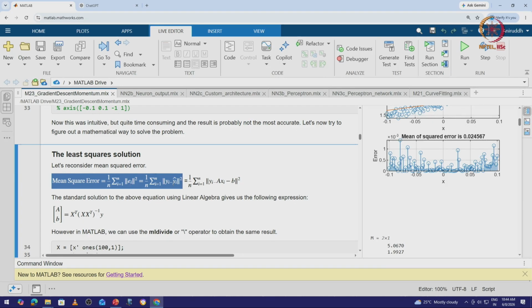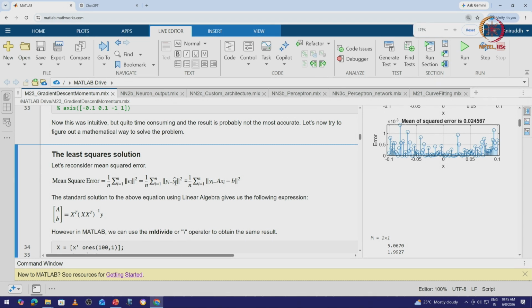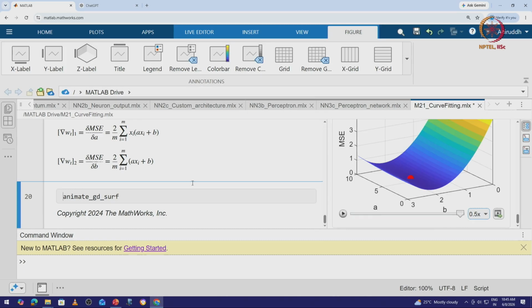And this is essentially just trying to do the difference between the ground truth, which is given as y, and then y cap, which is essentially the output predictions.